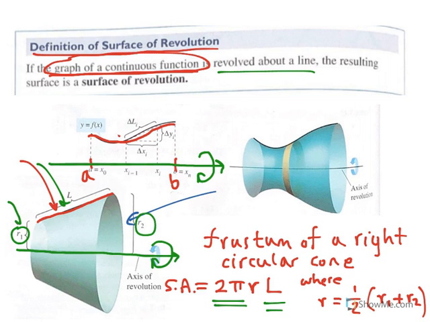The smaller radius is r sub 1, the larger radius is r sub 2, and if you take the average of those two, you get lowercase r. So that's the formula for finding the area of a frustum of a right circular cone. This is a pre-calculus formula.